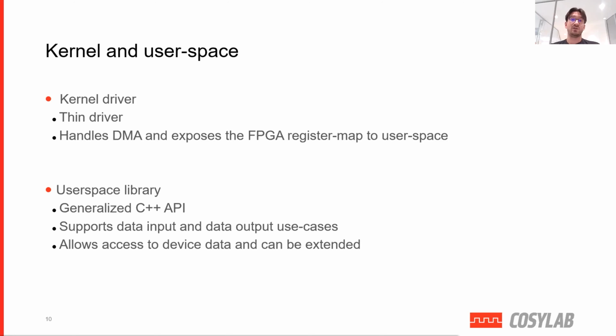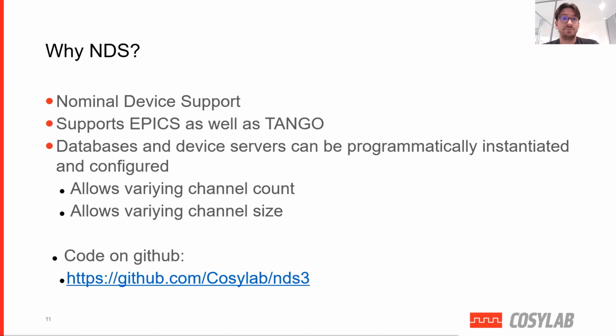But it still has a rich, pretty much business logic filled API, so it's not just a bare bones interface. We've also written the user space library to allow extensibility by exposing the internal register map of the card to user space applications. This simplifies adding new code and extending the application.